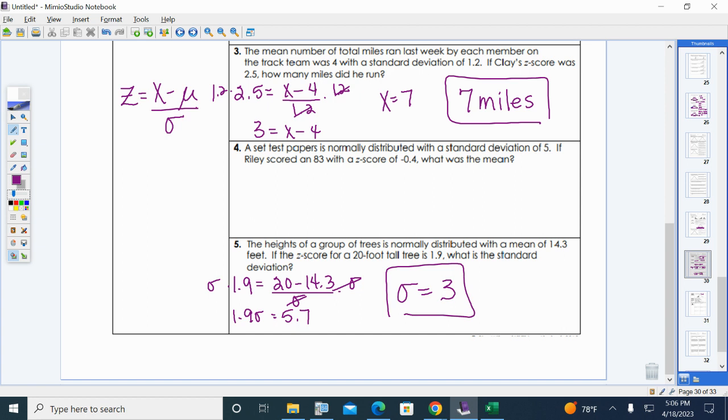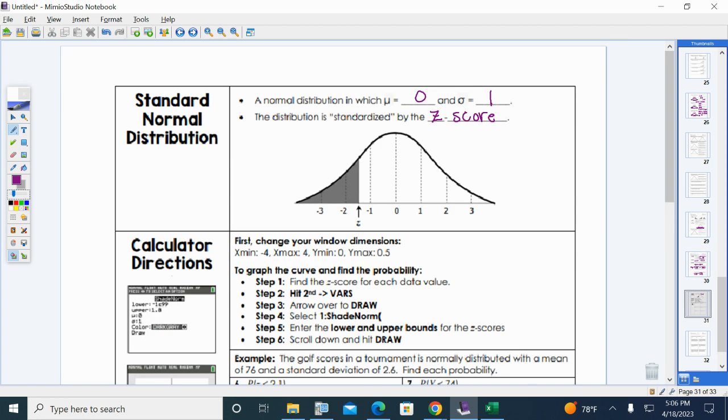All right, let's move forward in our notes here to standard normal distribution. For standard normal distribution, what that means is it's a normal distribution where the mean is always 0 and the standard deviation is always 1.